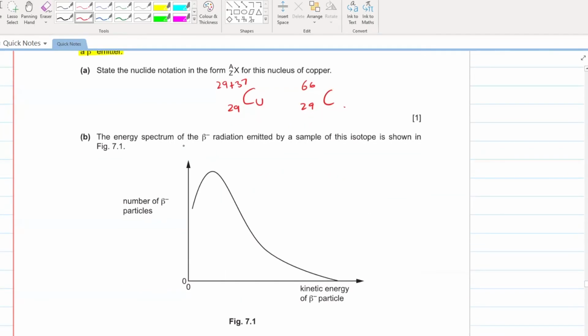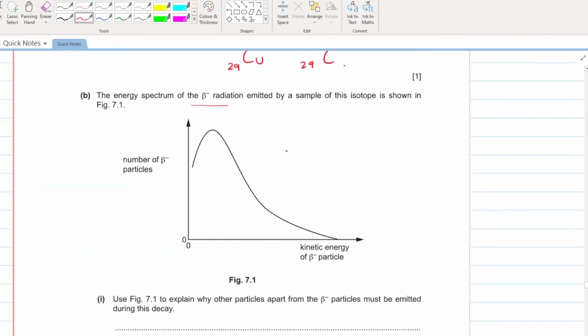The energy spectrum of the beta negative radiation emitted by the sample of the isotope is shown in figure 7.1. Take care, this is the kinetic energy variation of the beta negative particle. Use figure 7.1 to explain why other particles apart from the beta particles must be emitted during this decay.